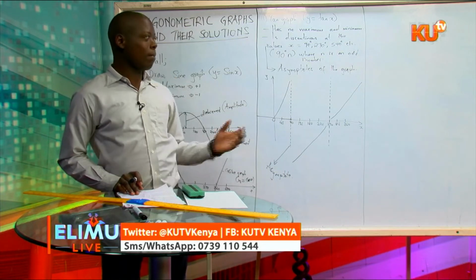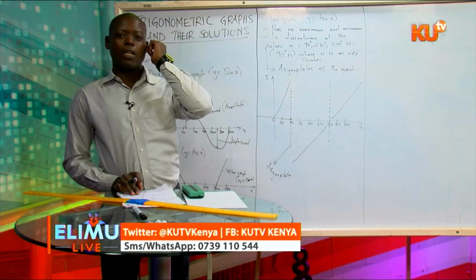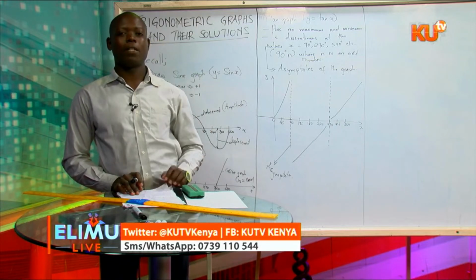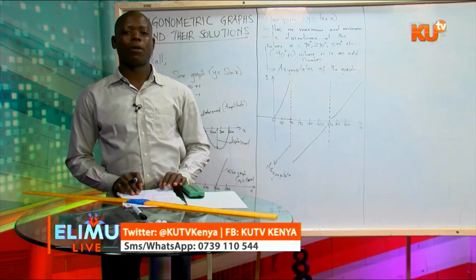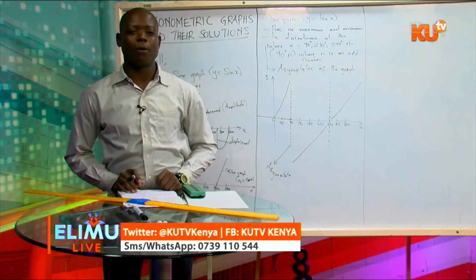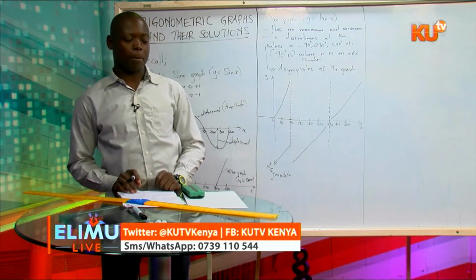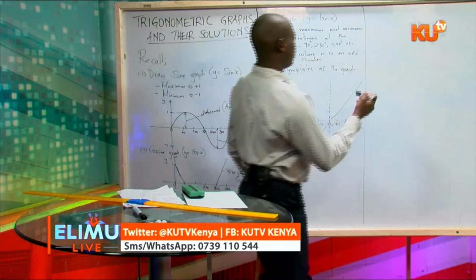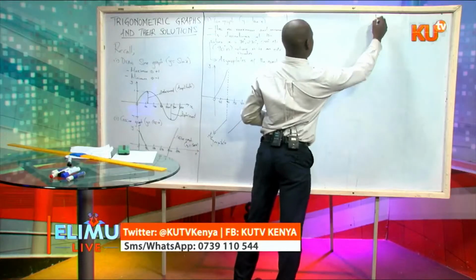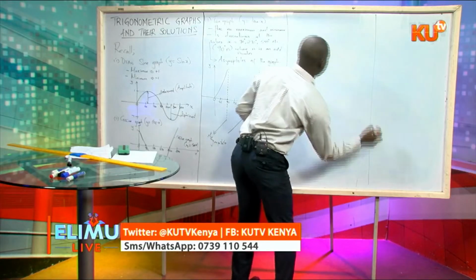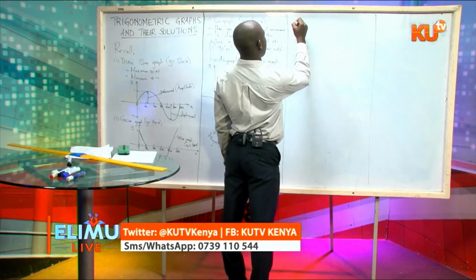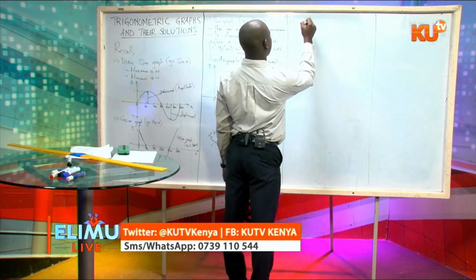They are just the same as these graphs, only that the interpretation is a bit different, and the nature of questions that we solve using the wave functions are different. And so we are going to handle three things. One, we're going to handle amplitude.